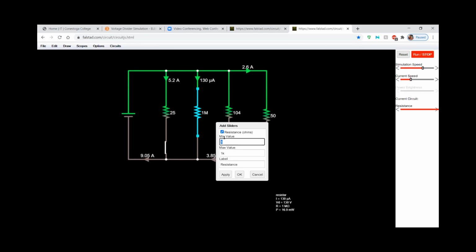And that other resistor, how many ohms was this one? 52. Okay, perfect. Thank you.